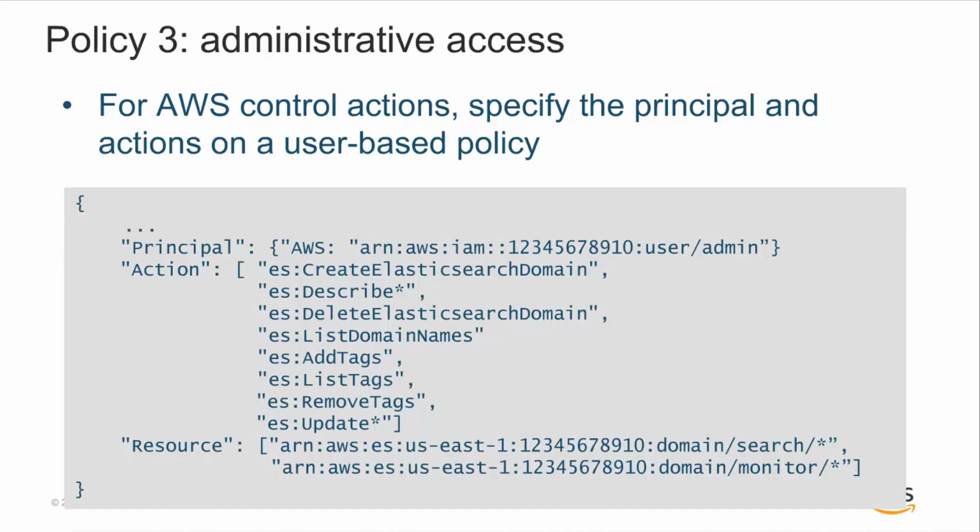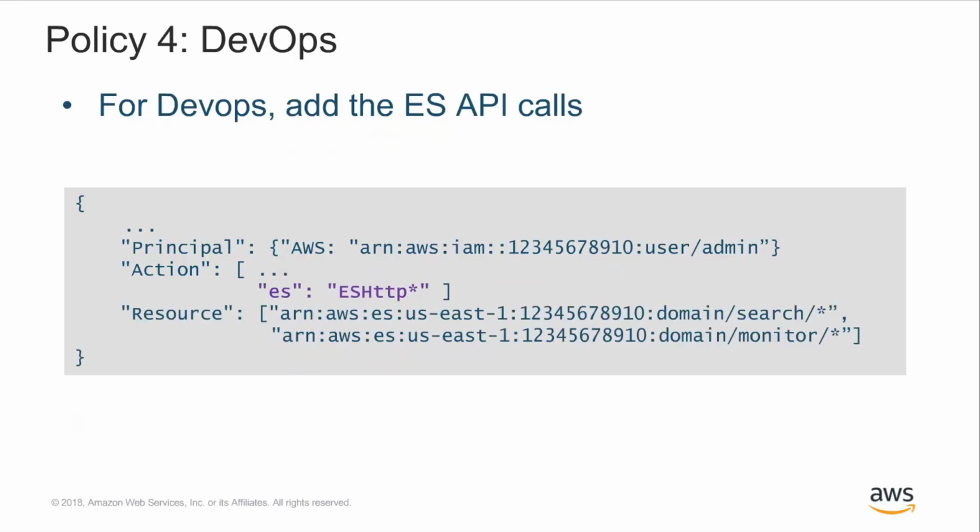So for setting up these policies, fairly straightforward, but worth spelling out. For the administrative access, again, I'm using a principal here, and I'm allowing the control actions, and I'm allowing those on the search and the monitoring domain. And I've given them access to all of the indexes in this case. For my DevOps folks, those are the people who are going to be connecting with Kibana to monitor what's going on with the application and with the infrastructure.